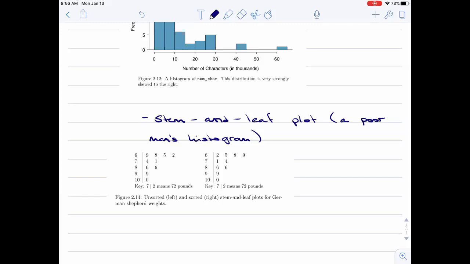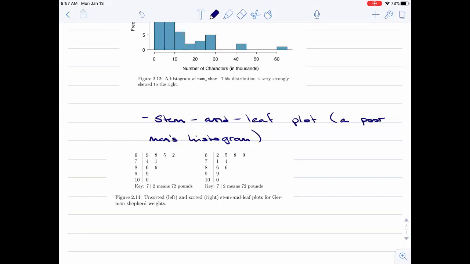We can visualize a distribution by making these bins and making these bars. And it's okay to have gaps in your stem and leaf plot. In fact, if there are gaps, you should show them. But yeah, this to me looks like a histogram, but it's just handmade.